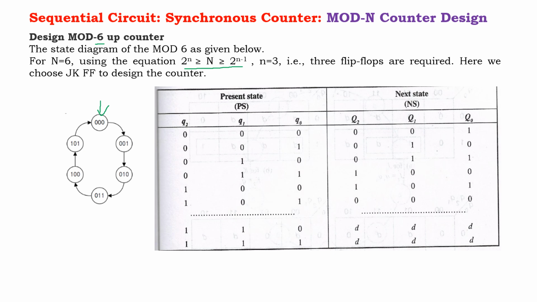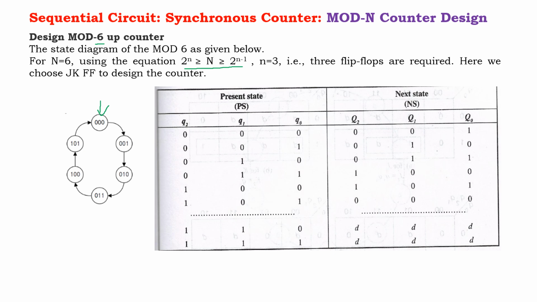If we take three flip-flops, then the state table will be like this: present state Q2, Q1, Q0, and the next state Q2, Q1 and Q0. If we take the JK flip-flop, then the inputs of the three flip-flops are J2, K2, J1, K1 and J0, K0.